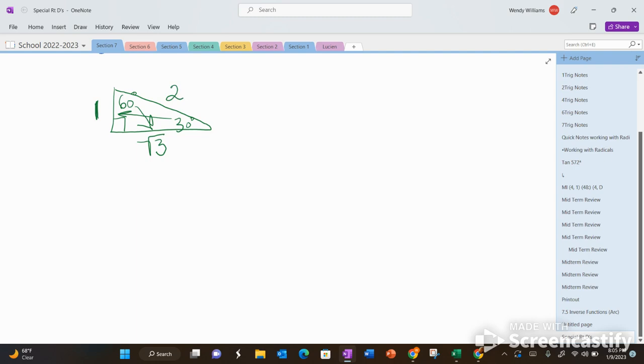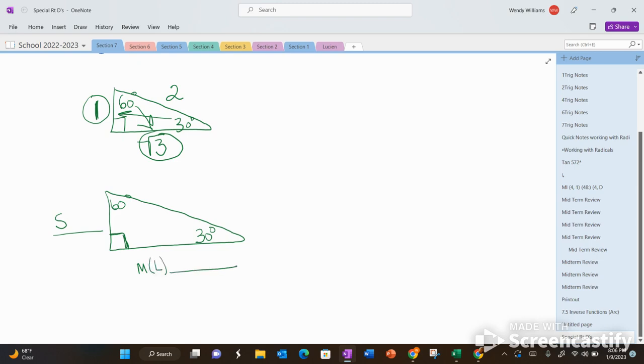Then you set up anything that they're giving you and make sure that you line up small side, medium side, or longer leg, and understand where your hypotenuse goes.